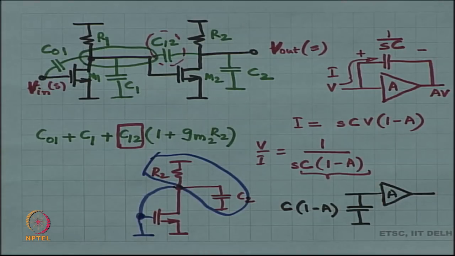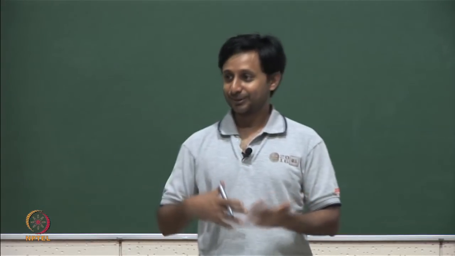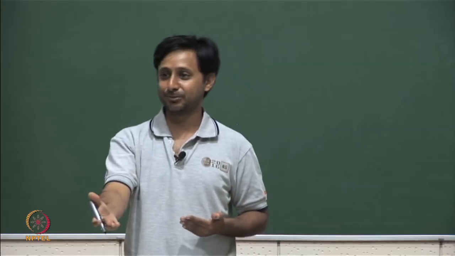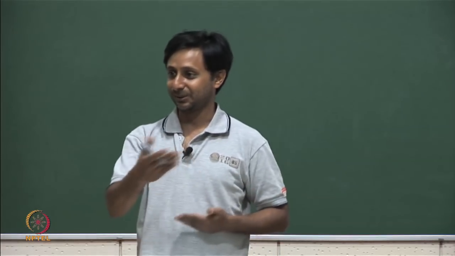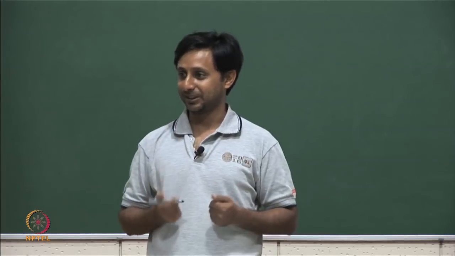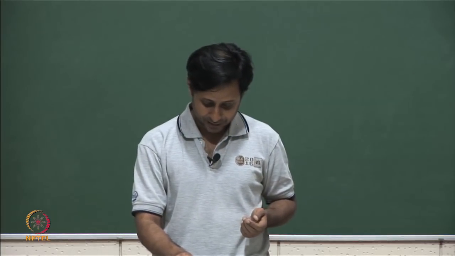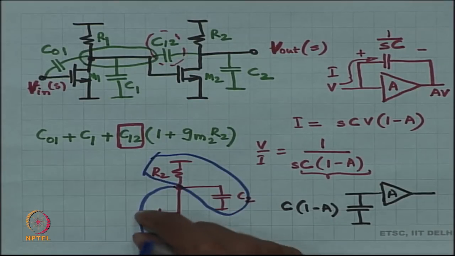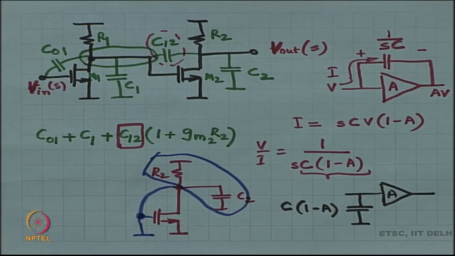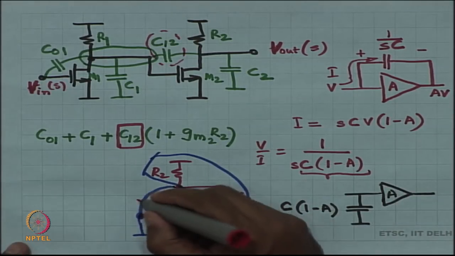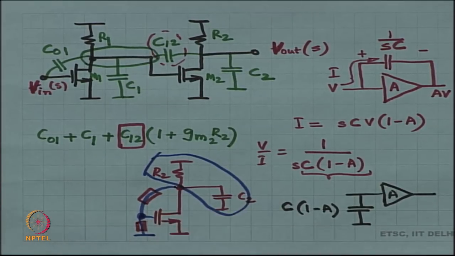Now, when the whole thing is shorted up, you ask how good is one short circuit with respect to the other, how heavy is one with respect to the other. That is going to tell you how tightly these two nodes are coupled as opposed to these two nodes being coupled. So it is as if you have some impedance here and some impedance here, both tending to 0. What is the ratio between these two impedances?